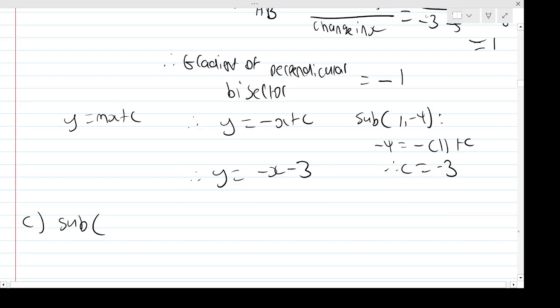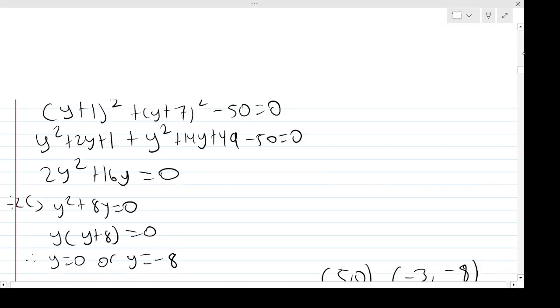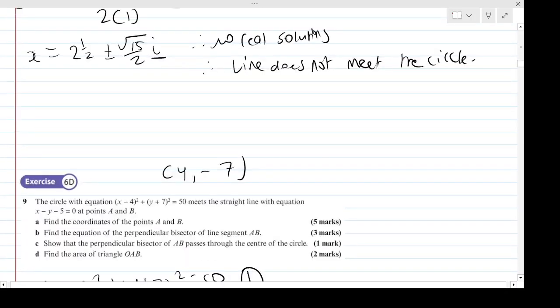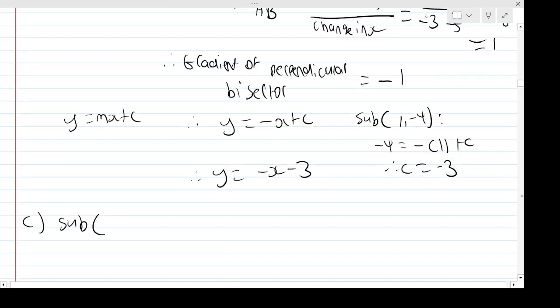So sub the centre, which again was 4, minus 7, and we want to show that this point does lie on the perpendicular bisector. So if we do that, that means that y would be minus 7 and minus x would be minus 4, minus 3.